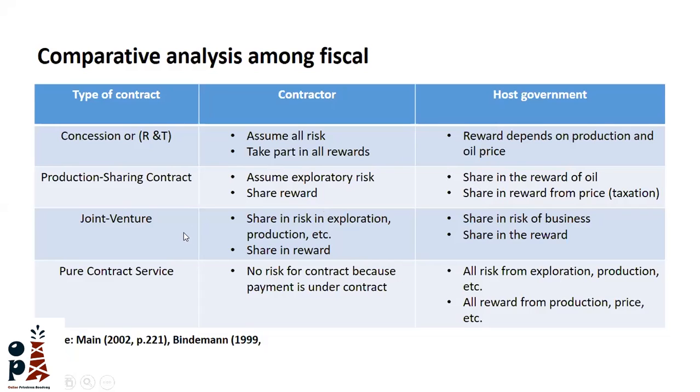In the joint venture contract, the contractor and the host government share risk in exploration and production, and they have a split in all revenues. In the pure contract service, the contractor has no risk to take because it only takes payment, and the government in this contract has all the risk from exploration, production, and also revenues from production and price.